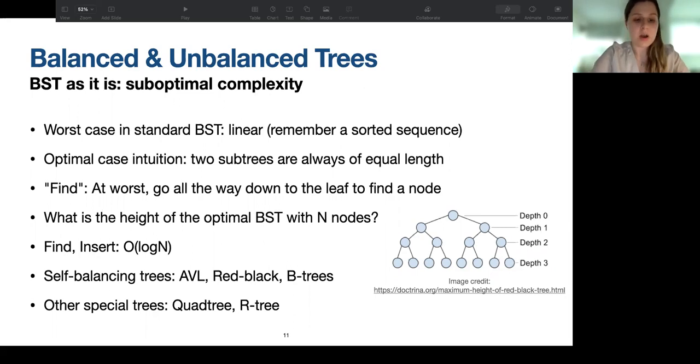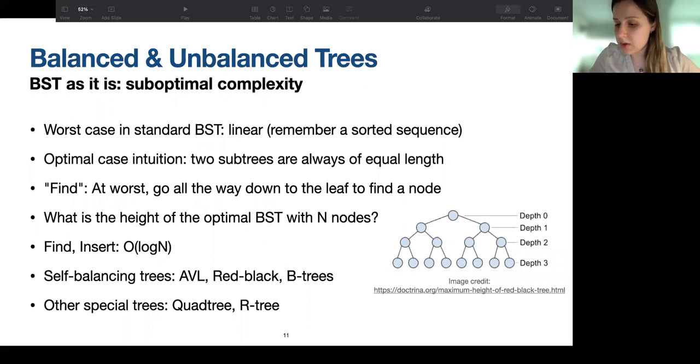And R trees are based on minimum bounding rectangles. If you think about the plane and the rectangles which are drawn on this plane, and they can contain each other, R trees are deduced from these relationships.